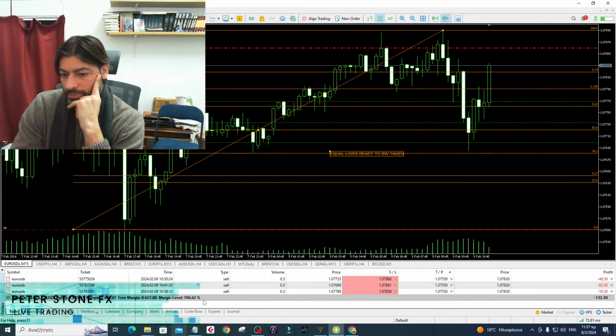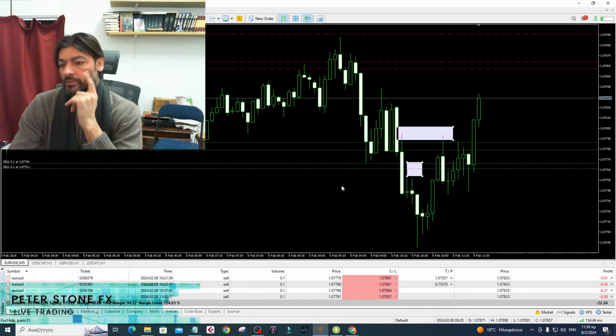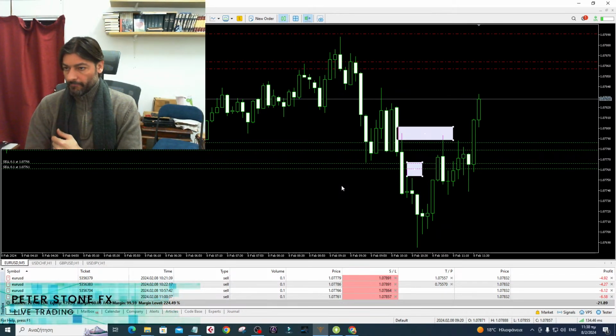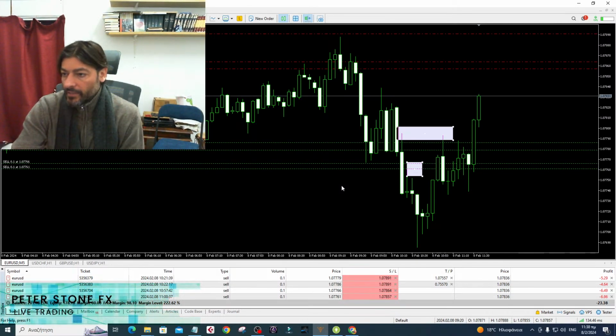If I lose the trades for the challenge, but I care actually more for the live account, which I haven't risked a lot, so I am good. It's only minus 22. Okay, so here is the fair value gap that we don't want to surpass.